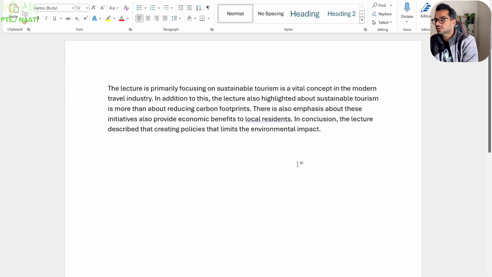Now let's have a look at the grammar part of the last sentence. In conclusion, the lecture described that creating policies that limits the environmental impact. What I would do is, to make it grammatically correct, I will remove the word that and I will put will. Now if we read it out, in conclusion, the lecture described that creating policies will limit the environmental impact.